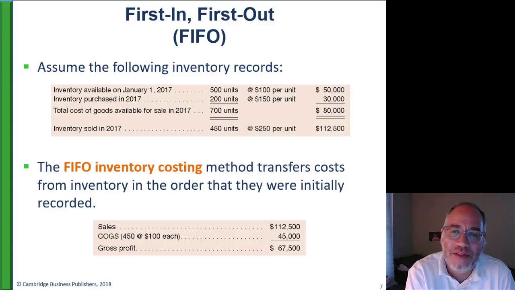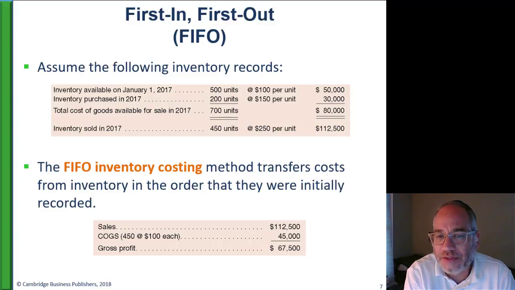Anyway, let's give an example. Let's say that this company started off the year with 500 units that cost $100 a unit. So the total cost is $50,000. And then during the period, they bought 200 units at $150 a unit. Total cost $30,000.